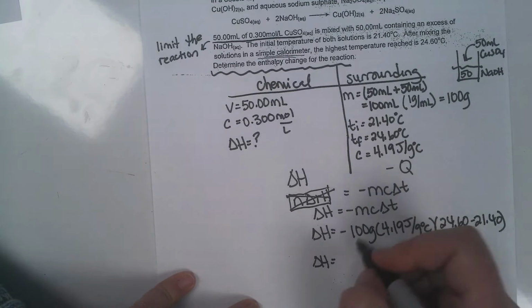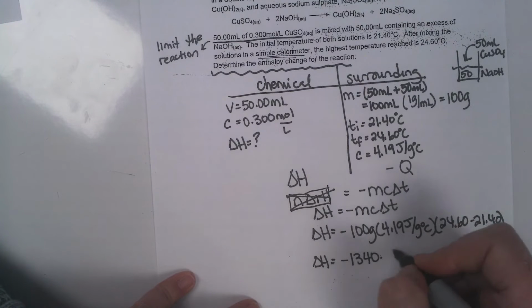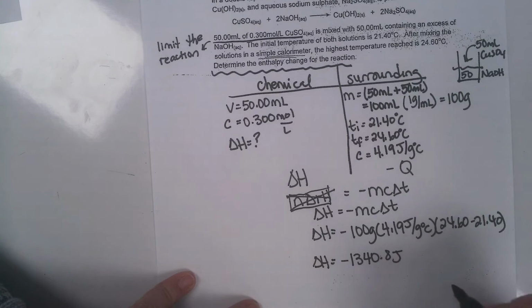And we see that delta H is equal to negative 1340.8 joules, but we can't have 4 decimals. We're limited by our concentration.